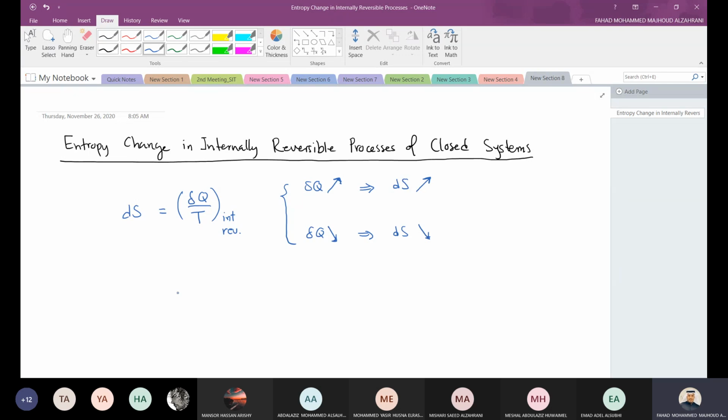What does this tell us, ya shabab? This tells us that entropy transfer accompanies heat transfer. ايش يعني accompanies؟ يعني يصاحب.